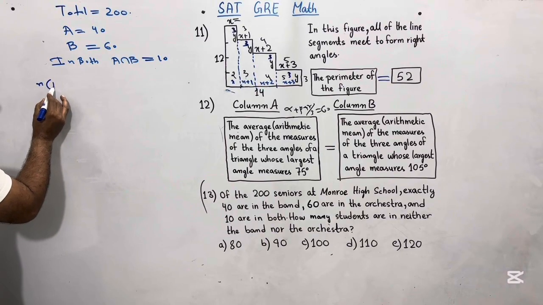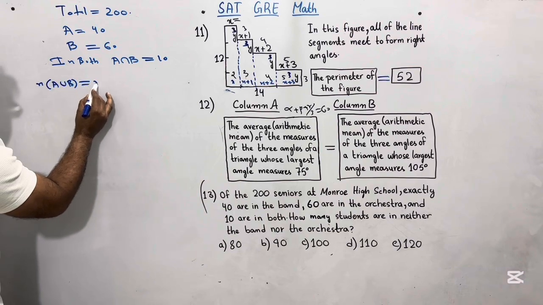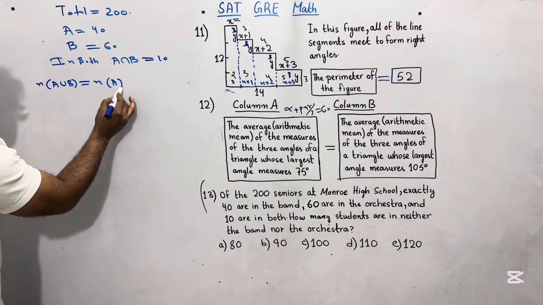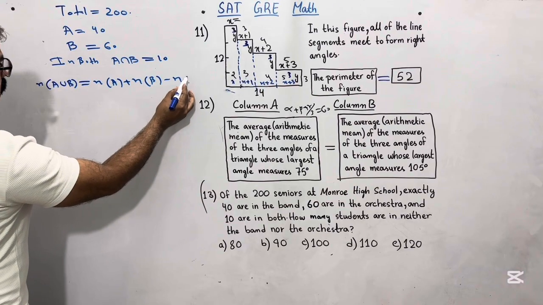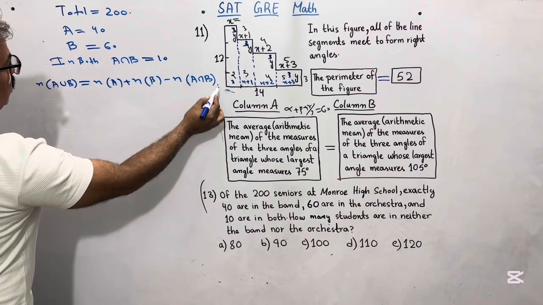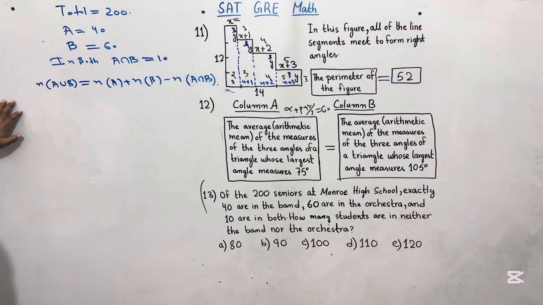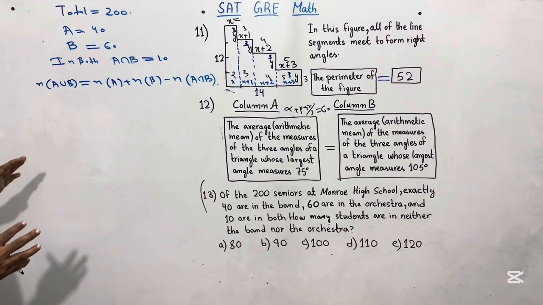From set theory point of view, number of elements in A union B can be given by number of elements in A plus number of elements in B, minus the overlapping portion, the common portion, A intersection B. This is the general formula for finding the number of elements in the sets, whether A, B are mutually exclusive, overlapping, whatever the case is.